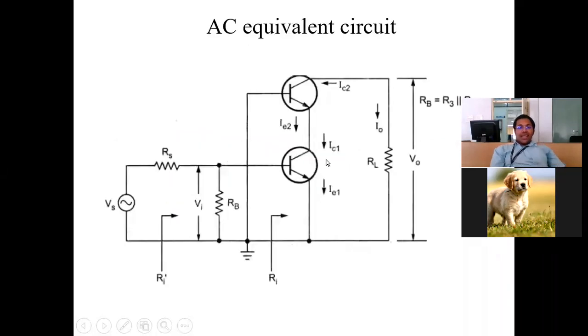Next, we have the emitter and base. Base is grounded. So from emitter to ground, I should write HIE, isn't it? Base to emitter for the second transistor. Between base and emitter, we have HIE. So between this emitter and base, I should write HIE.